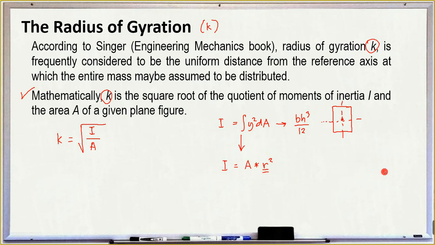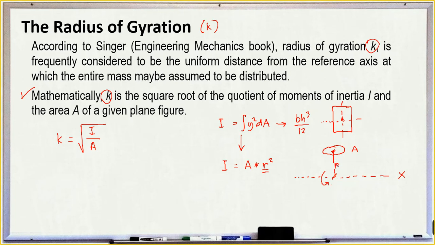Say for example, if we have this x-axis, and we have this very complex area, and assuming that the distance of that area is r, we can say that this area is very concentrated and it tends to rotate along this x-axis.